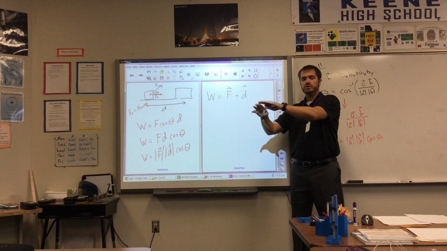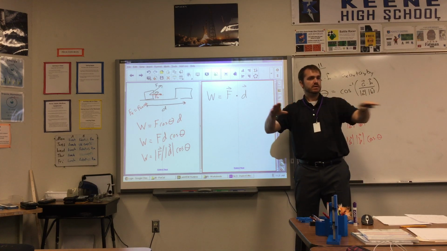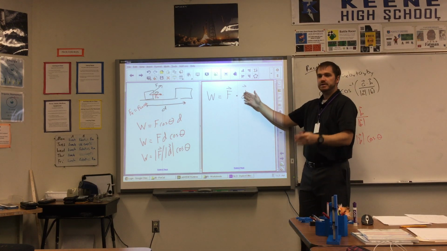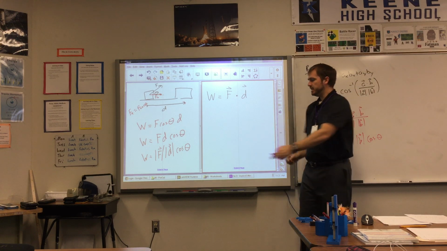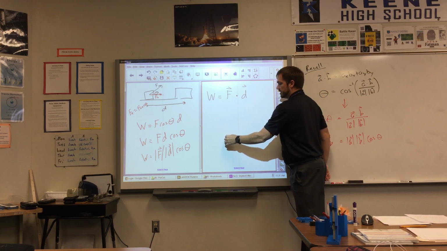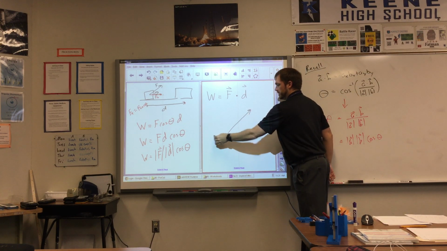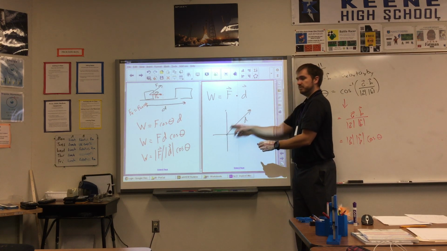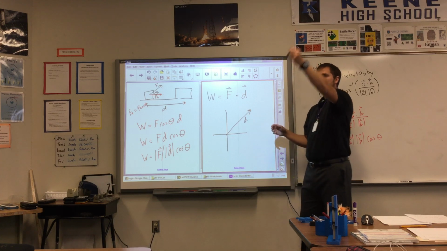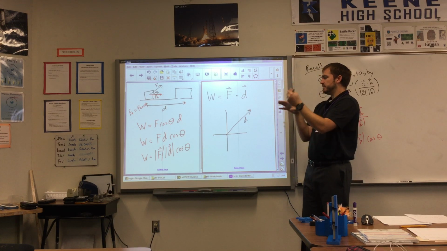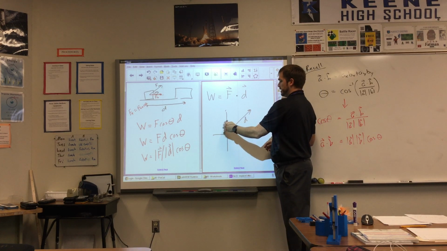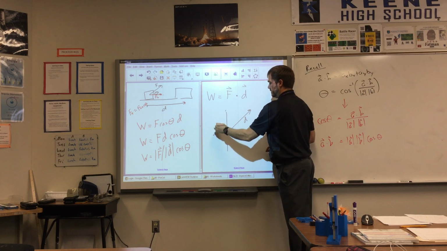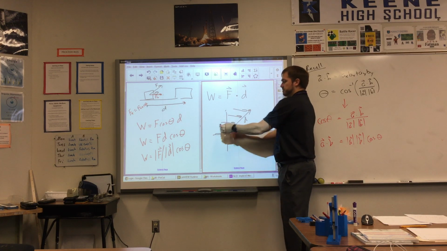You don't have to be completely horizontal when pushing something. You could have a displacement at an angle. Maybe we're pushing this thing, we start here, and we push it up here, like on some sort of ramp. There's the displacement vector. But the force I'm applying, maybe I'm pushing on it like this as it's moving up.